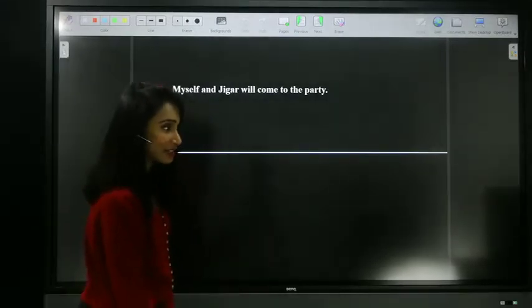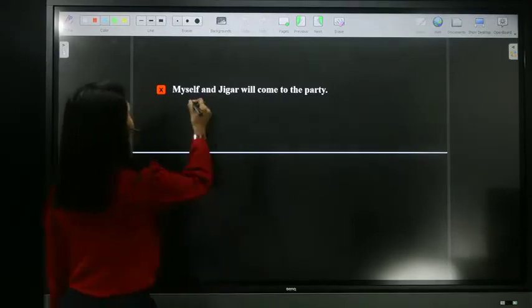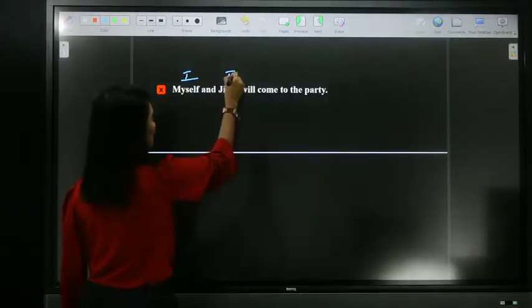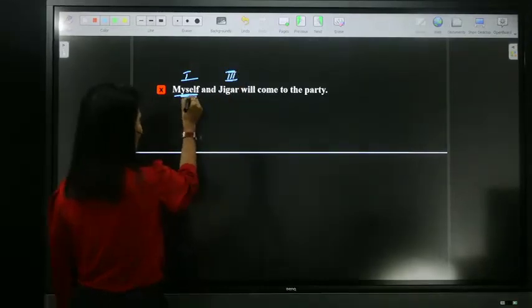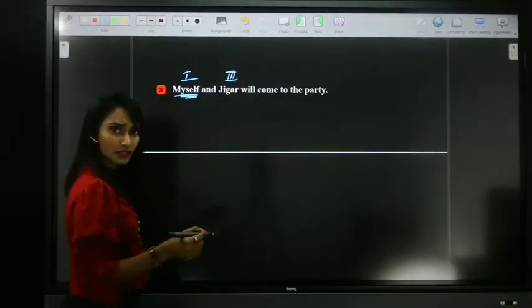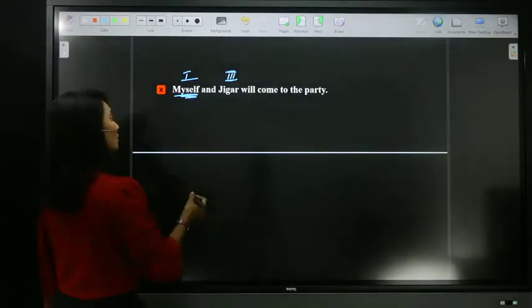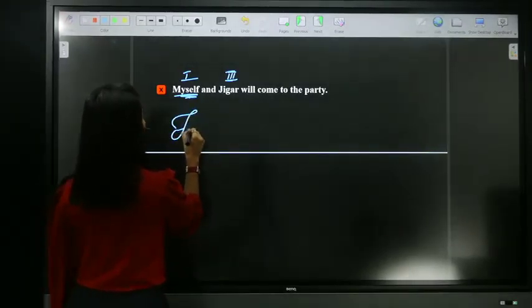Yes, Karthikeyan, you're correct. See, first person, third person, that is one thing. Myself: can we use reflexive pronouns in the case of subject? No, we have to use personal pronouns. So the order is second person, third person, and first person.